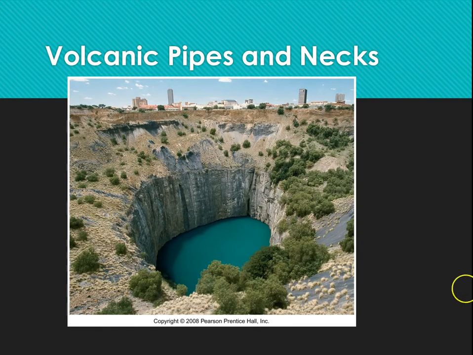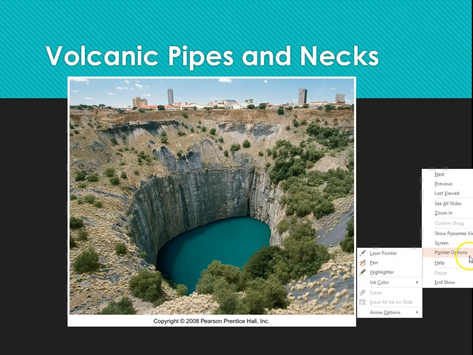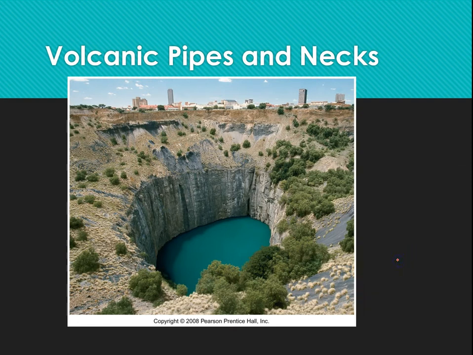Now, here are some special volcanic features. Let me draw you a little picture here really quick. When a volcano, pretend that's a volcano, is erupting, we just see this stuff at the top. There's some ash coming out of it for you. But below it, there's a magma chamber.